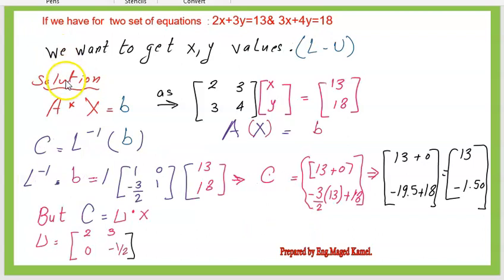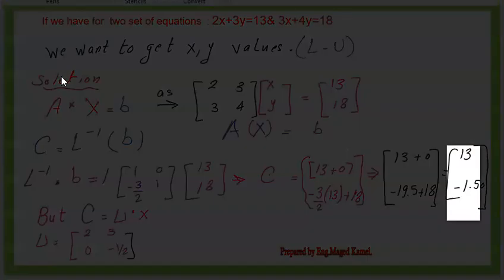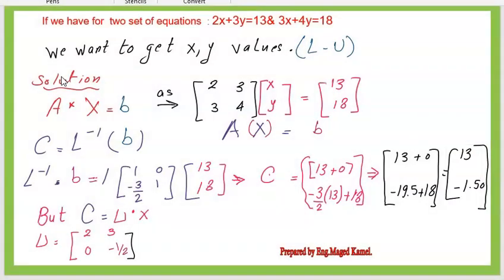Multiply L minus 1 by B to get the C value. We have 1, 0, minus 3 over 2, and 1 to be multiplied by B, which is 13, 18. We will get the C value as 13 and minus 1.5.